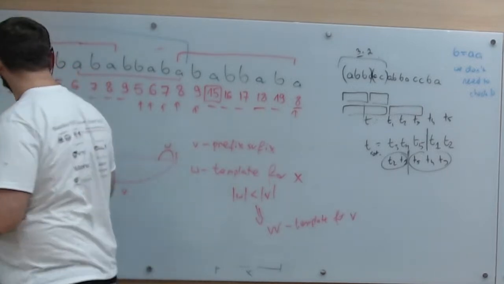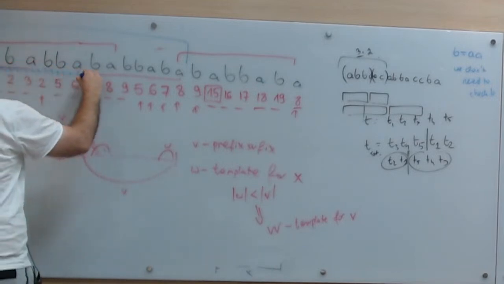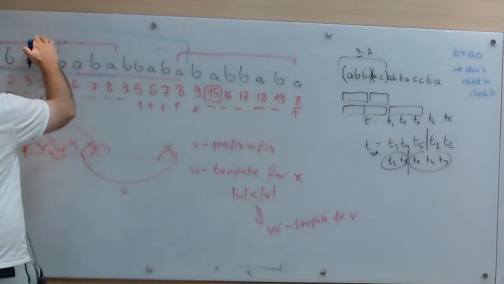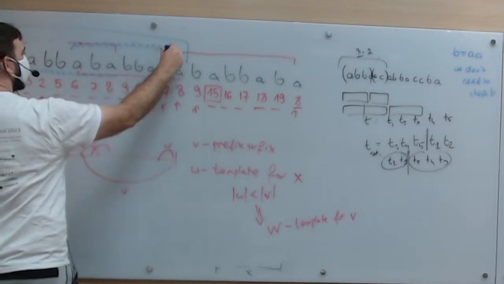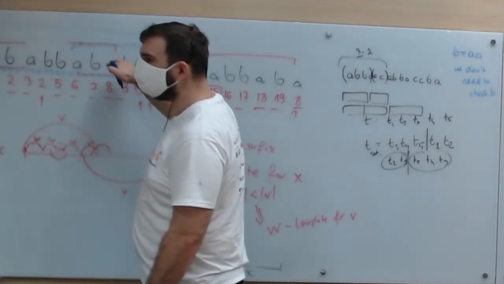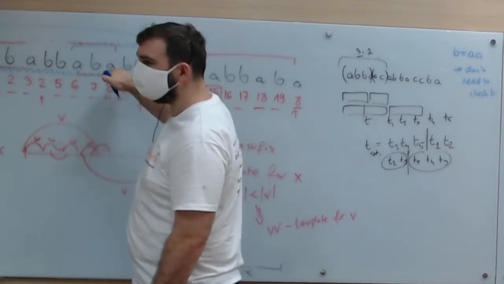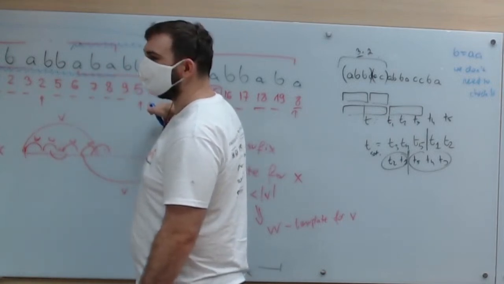I need more colors to try to mark that correctly. Okay, so this is a prefix suffix of the blue word, and if this is actually a template for the whole word, then I already know my template as well. And that's the only option.